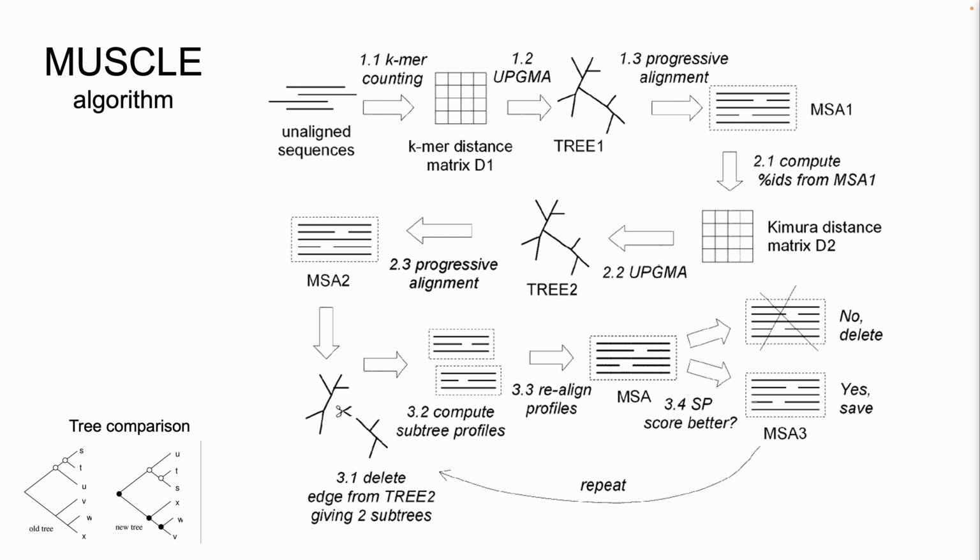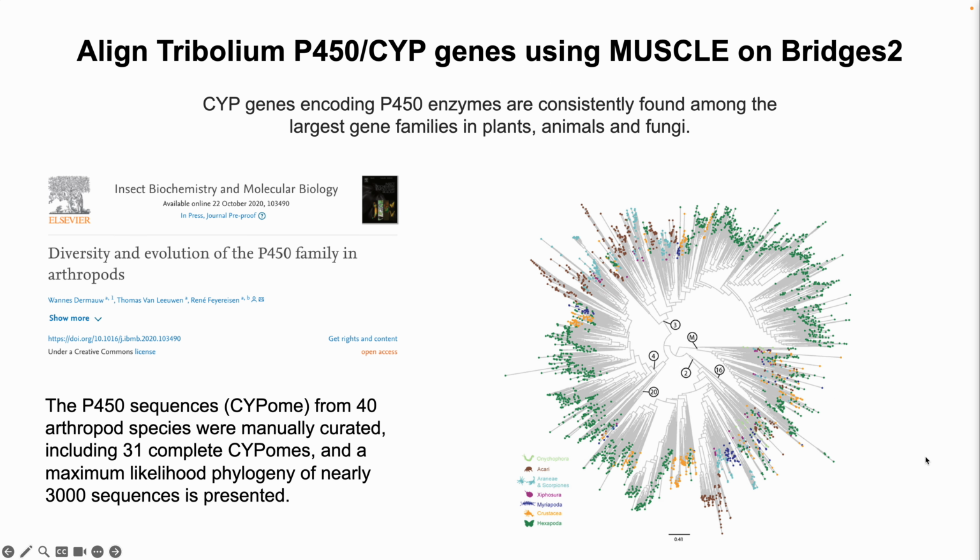If it's not affecting it at all, I get the same tree. And so I'm going to keep clipping parts out of the tree until I stop changing the result, okay? So that's the consensus part of it. So you iterate, and then you try to get to a consensus alignment, and that ultimately is what you're going to say is your best alignment.